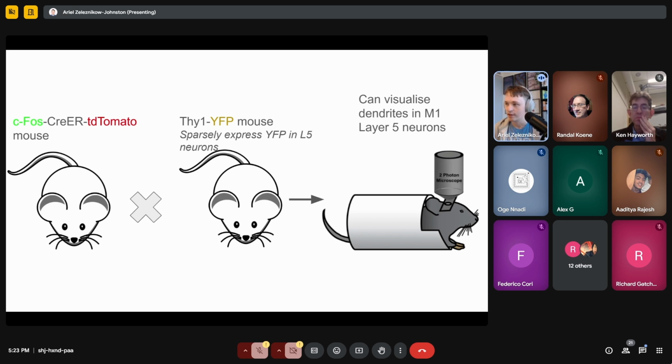So some of the dendrites in layer 5 are going to be glowing yellow, and then they can contrast what they see prior to behavioral training with what happens after, by again looking at overlap between the yellow fluorescence and the red fluorescence from the trapped neurons.